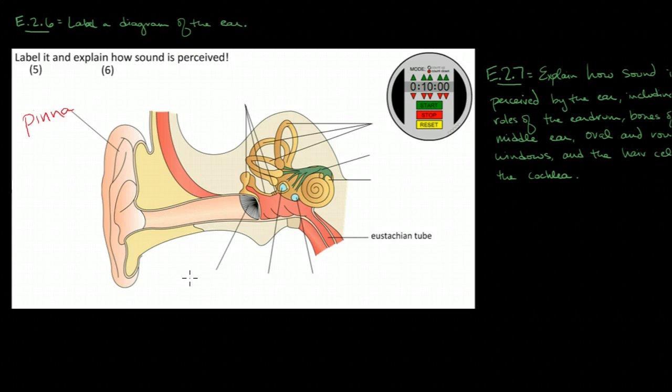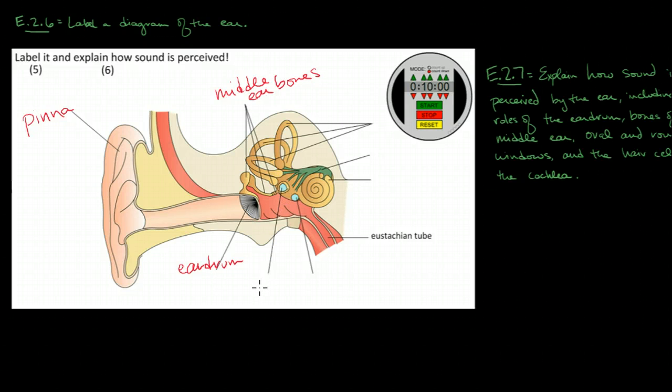That sound then finds its way to the eardrum, or tympanic membrane. Sometimes it's called the tympanic membrane. That eardrum then shakes and actually makes these middle ear bones move. They make them move, rattling this oval window.